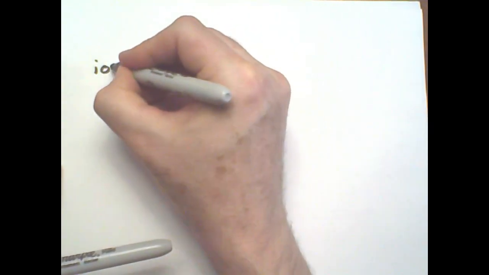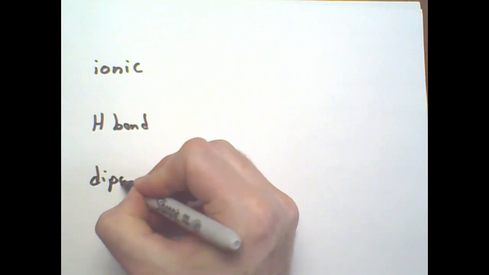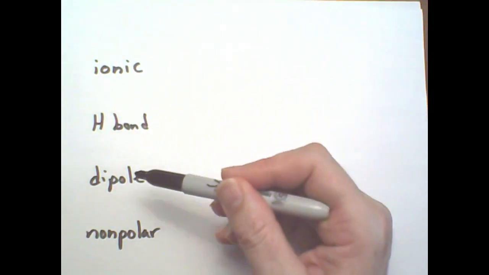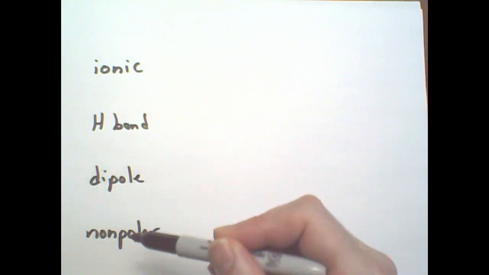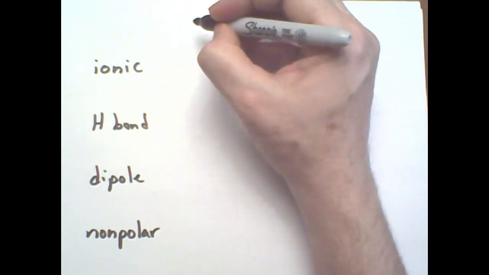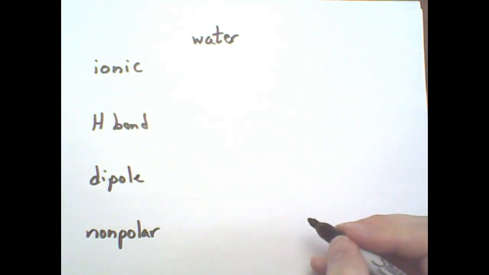So what does this mean? So we've got our ionic molecules, our hydrogen bonding molecules, our dipole molecules, and our nonpolar molecules. And you've got your different functional groups. Well, what if we want to dissolve those in water?